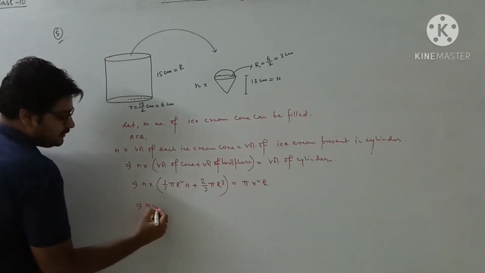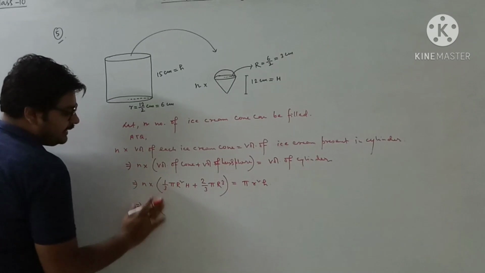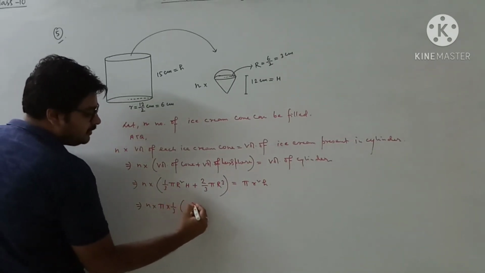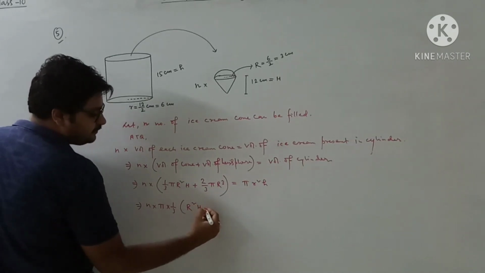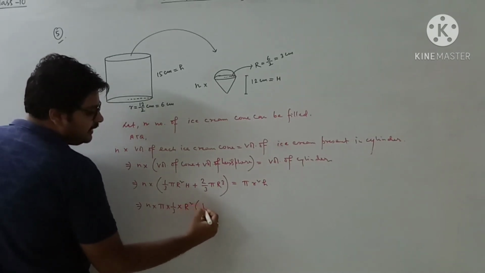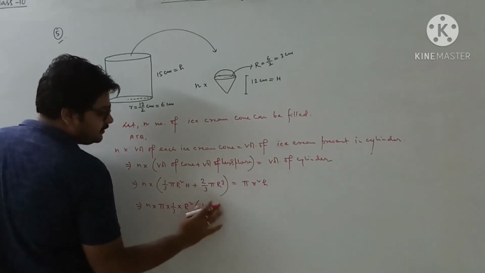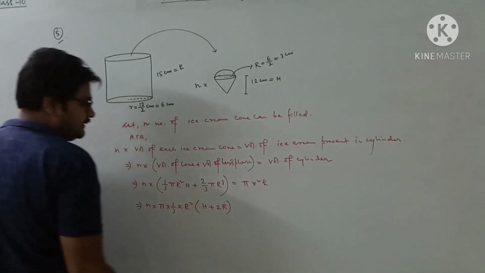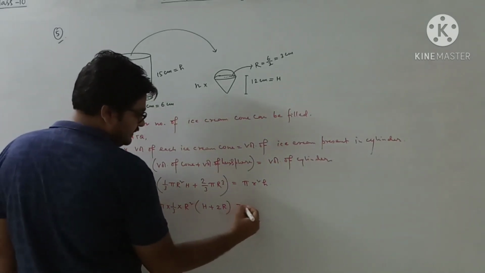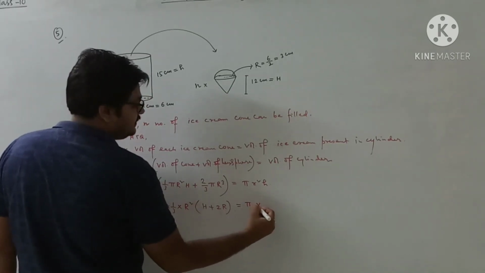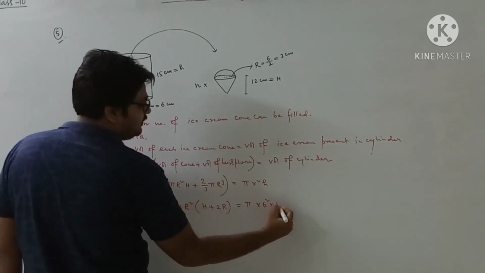Now put the values. Pi we can take common, 1 by 3 also we can take common, so it will be capital R square h. Capital R square also we can take common, it will be capital H plus 2 capital R. This side it will be pi, small r square means 6 square and h means 50.